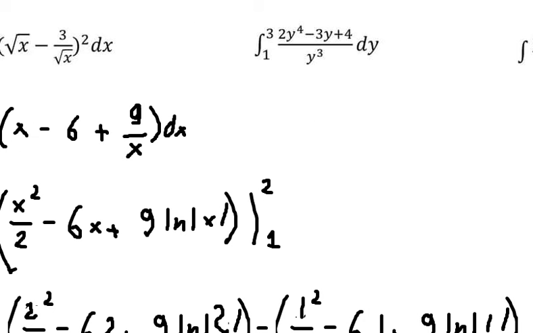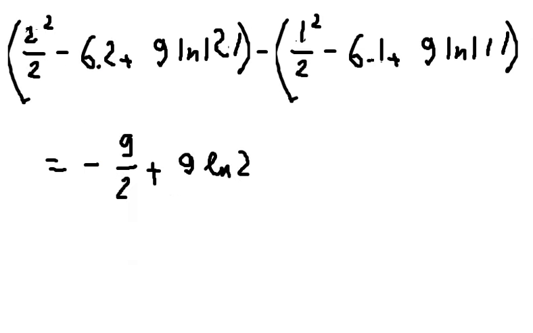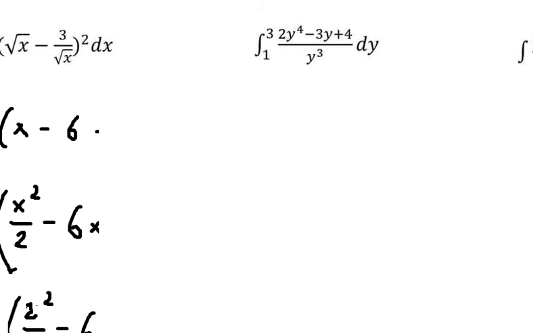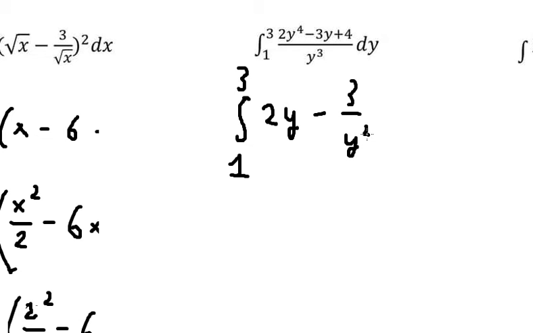Now let's go to the next one. Y to the power of 4 divide y to the power of 3, you got about 2y. This one you got about negative 3 over y to the power of 2. And this one you got about plus 4y to the power of negative number 3.